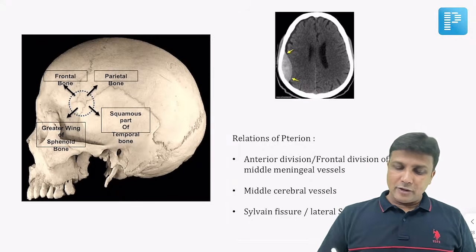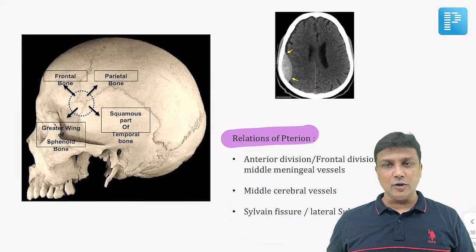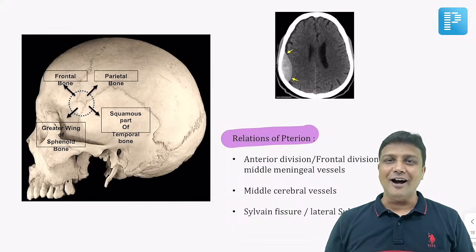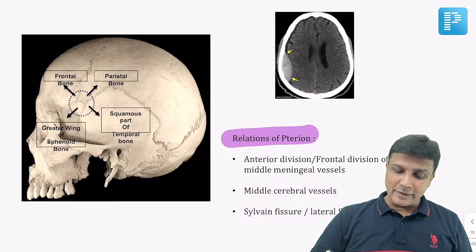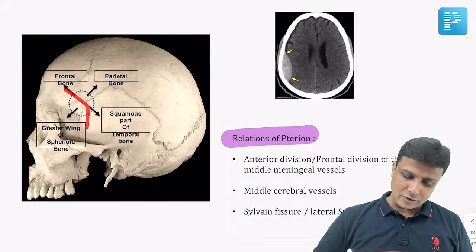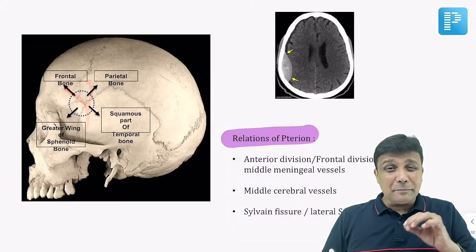Most of the time in your exams, they ask about the relations of the Pterion. What are the deep relations of the Pterion? When you look inside the Pterion, there is the middle meningeal artery, which has two divisions. Of the two, the division going towards the frontal bone, the anterior division, is the one just beneath the Pterion.